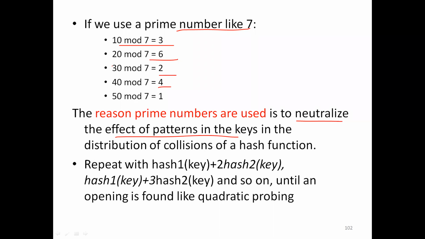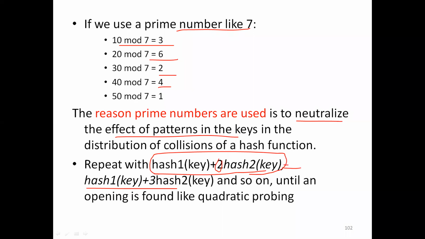Even when using the second hash key, if a collision occurs, what do we have to do? We have to repeat the hash key like this. The second thing I have to do: hash 1 key plus 2 multiplied with the second hash key, and you will find the index value.